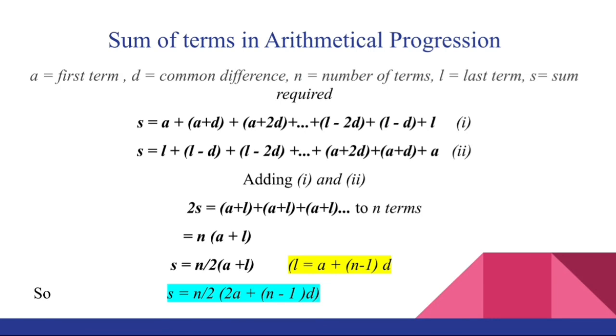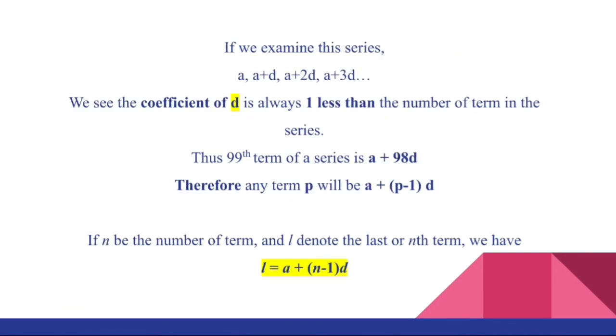And now we will add these two series, first and second. We come to the point that 2S equals a plus l, a plus l, a plus l. All the d's cancel out from the series. Now, a plus l is repeated n times, so we can write 2S equals n times a plus l. And what we discussed in the previous slide is that l equals a plus n minus 1 d.